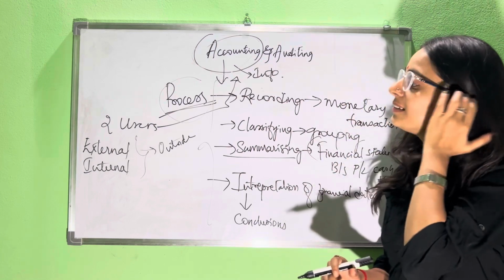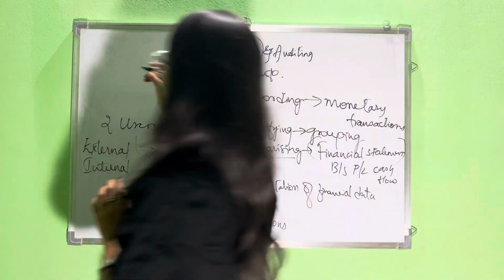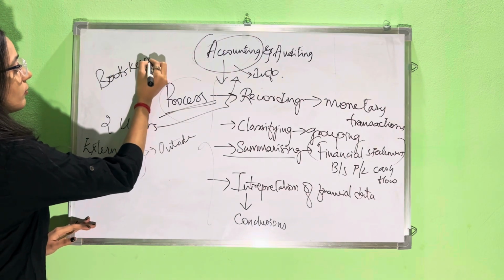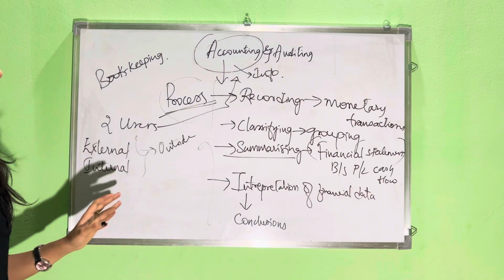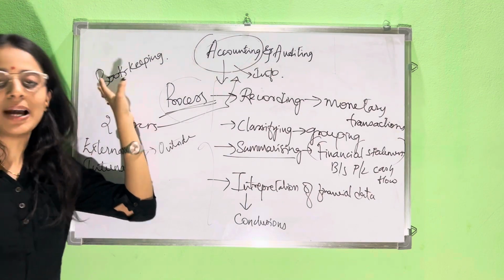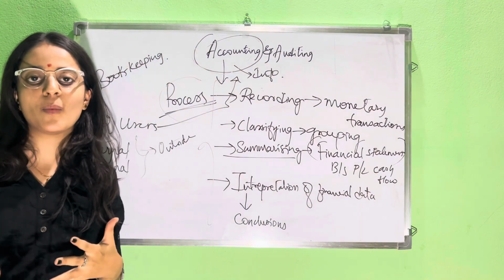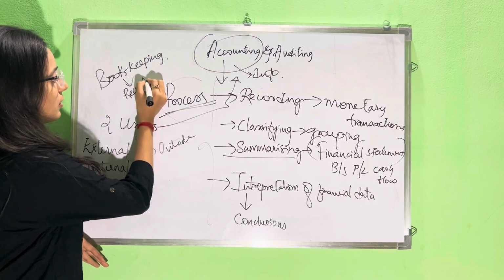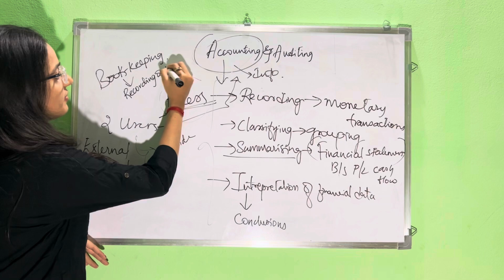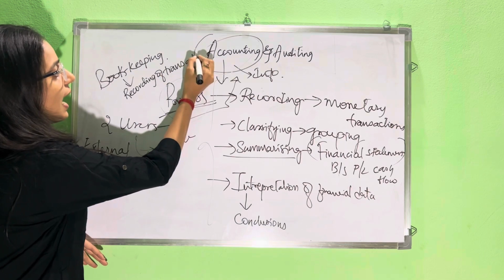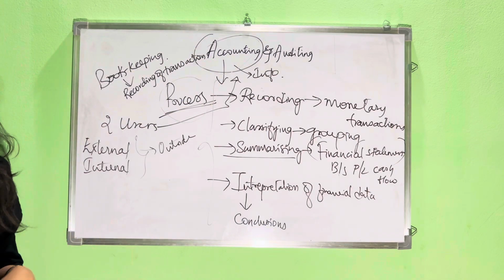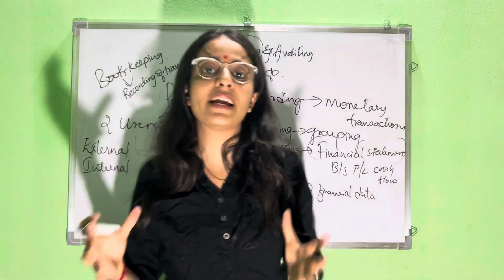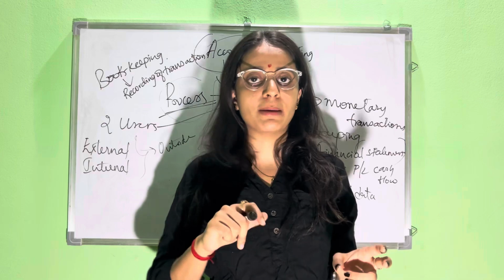Now, there is another thing also known as bookkeeping. Bookkeeping, as we come across the word, is very easy to understand. It is nothing but recording of transactions. Again, it is recording of day-to-day, up-to-date transactions.